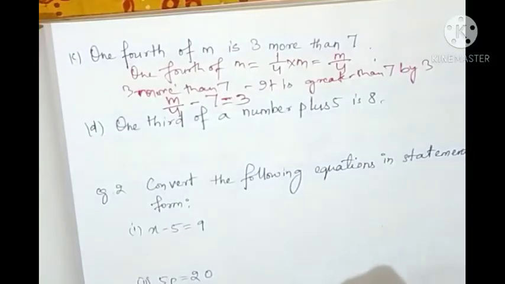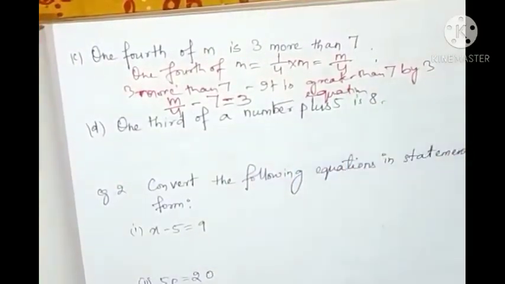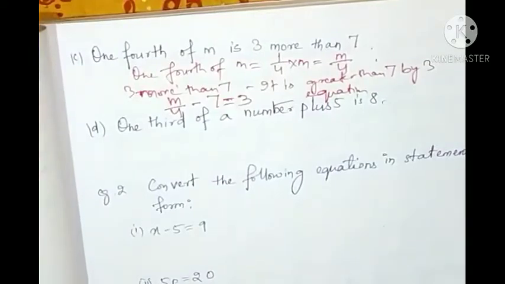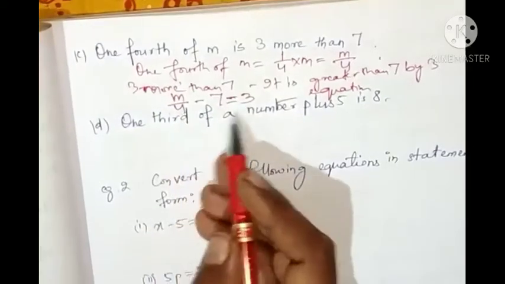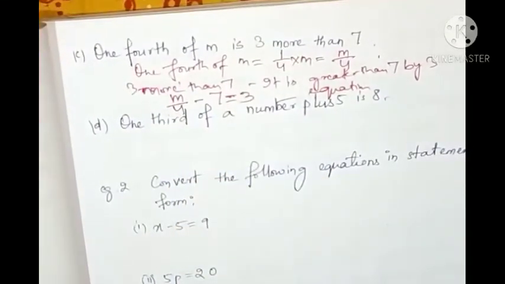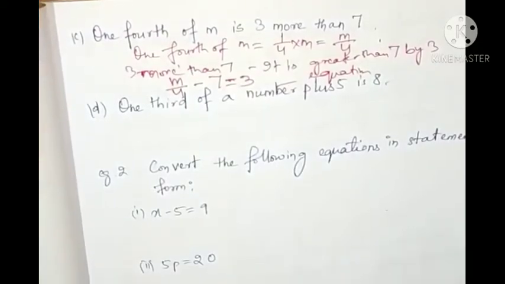Okay, so this is our equation. It is 3 more than 7, meaning when you subtract 7 from m by 4, you will get 3.